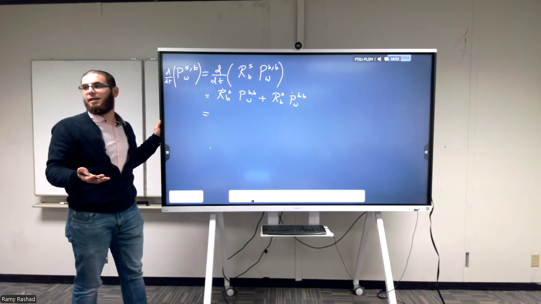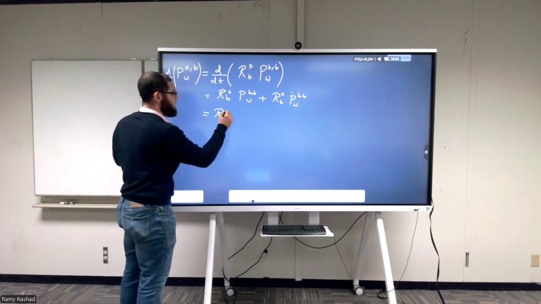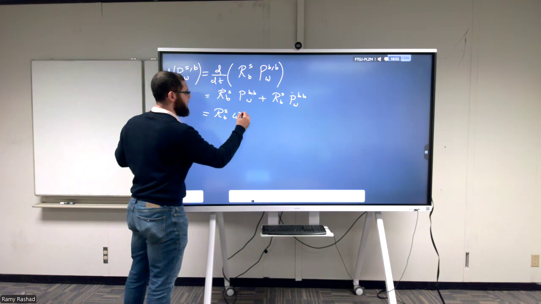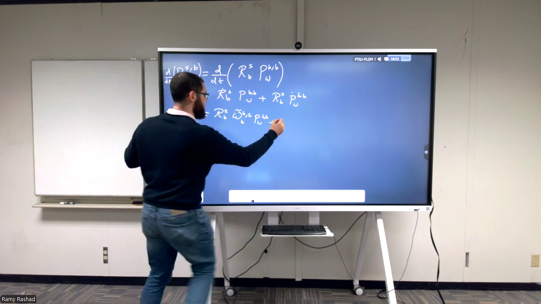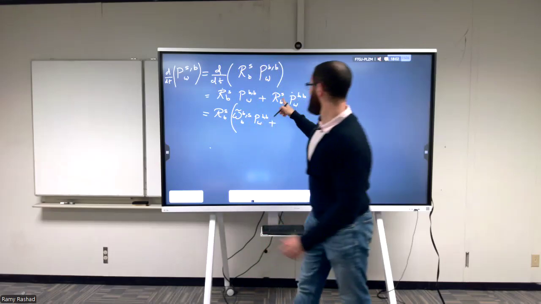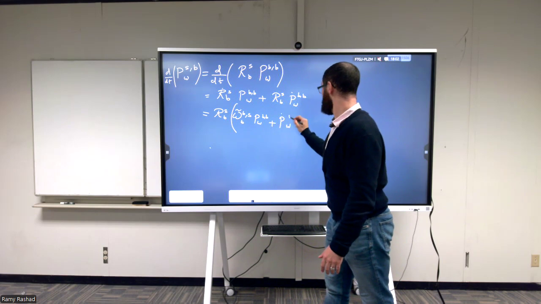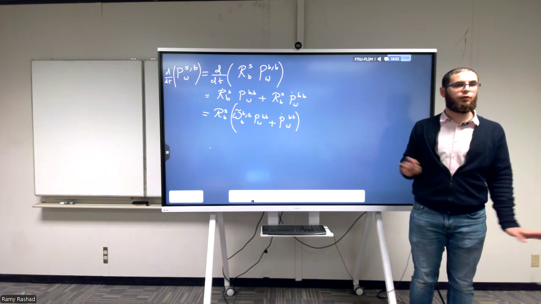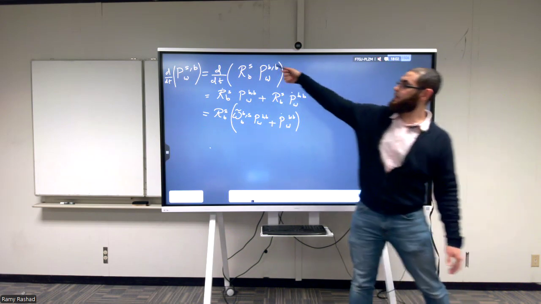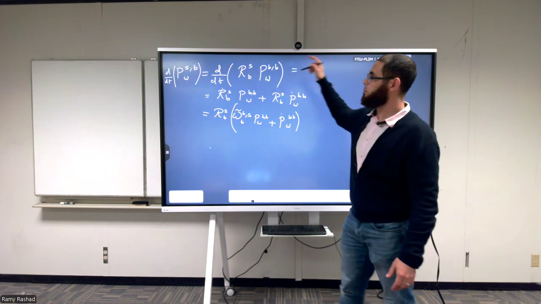I can use the kinematic equation and write it as RBS omega B tilde BS P omega BB plus. And then you see I'm going to have the RBS in both sides. I'm just going to take it as a common. And I get this term. Clear? Clear for everyone?